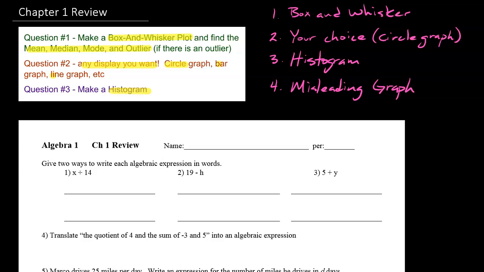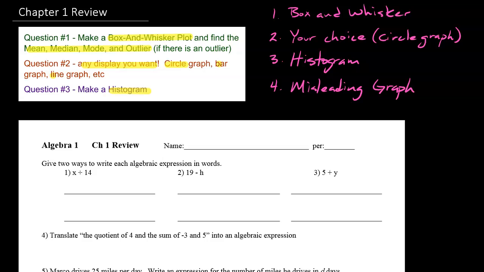But the numbers you use to make your graph can come from one of your survey questions, and then you would just basically make the graph so that the information it shows is misleading. Or you can just totally make up some numbers to make your own misleading graph from something random, right?